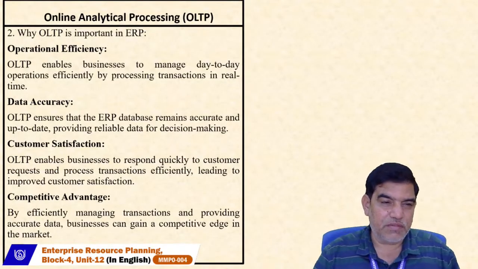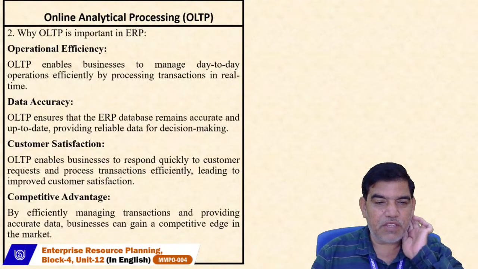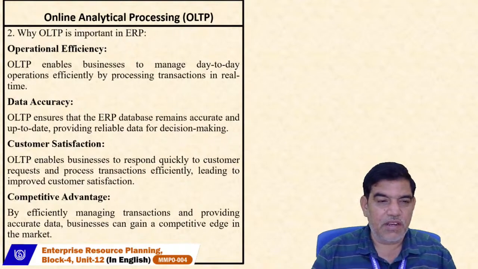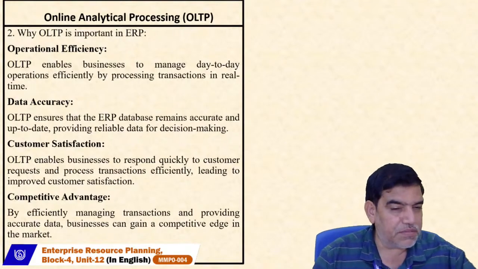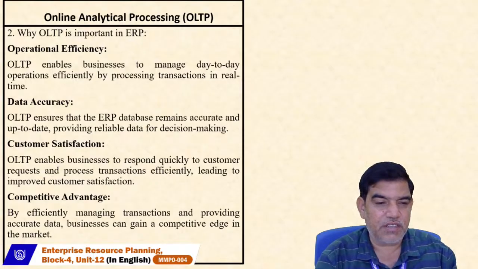Then customer satisfaction. OLTP enables businesses to respond quickly to customer requests and process transactions efficiently, leading to improved customer satisfaction. Then competitive advantages. By efficiently managing transactions and providing accurate data, businesses can gain a competitive edge in the market.